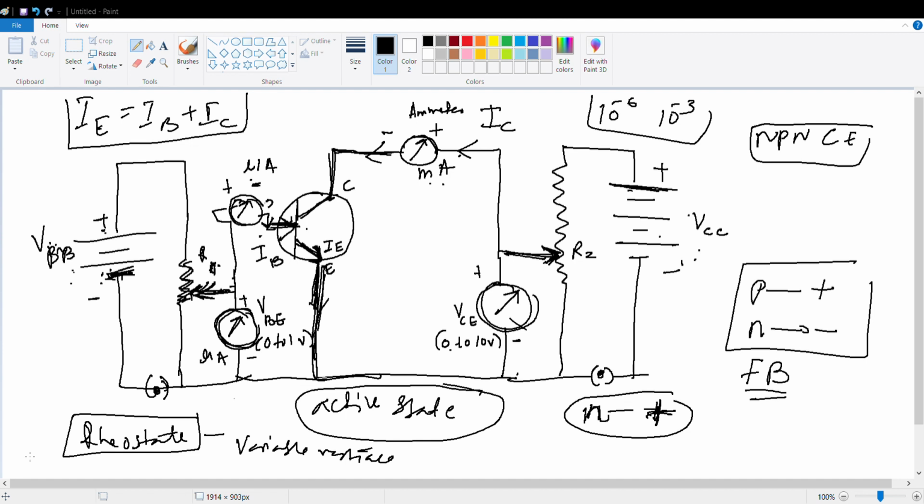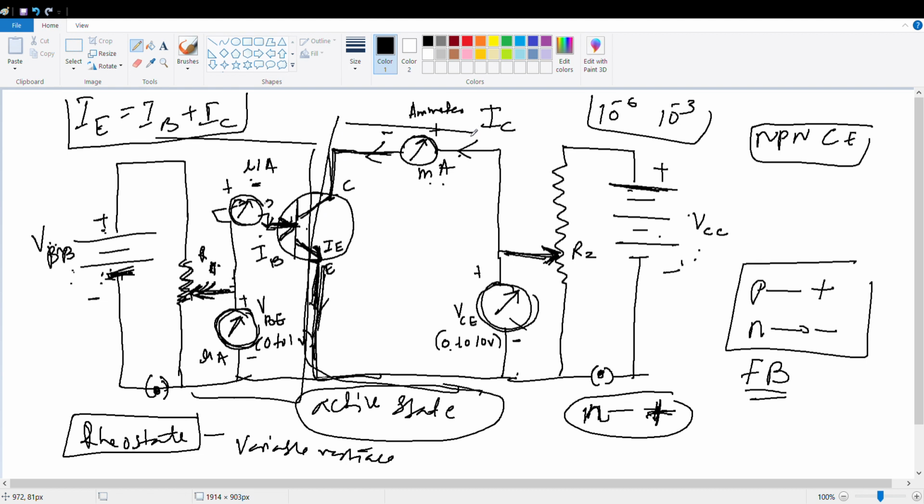Okay. Fine. So first we'll study input characteristics. What is input characteristics of a transistor? In the figure, what is given as input? IB is input. This part of the transistor is the input part, and the other part is the output part.